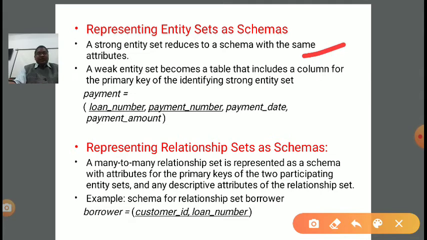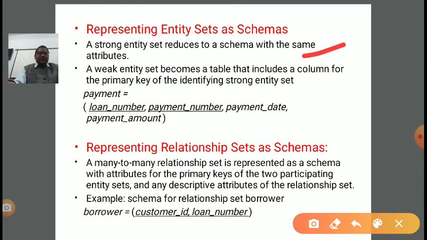In the payment relation, we require attributes like loan number, payment number, payment date, and payment amount. So loan number and payment number might be the primary key. Why? Because they are underlined in the ER diagram. It means these two attributes will be picked as the primary key.